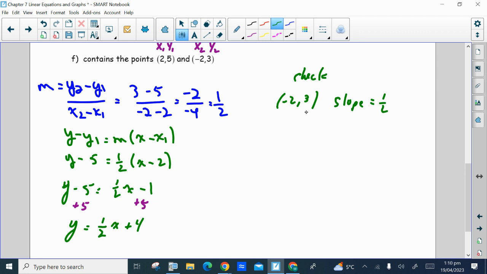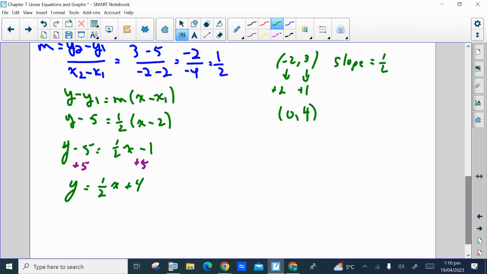So if you rise 1, you're going to add 1 to the y value, which gives you 4. If you're going to run 2, you're going to add 2 to the x value, which gives us 0. That confirms that if you start at one of the points you're given, which is negative 2, 3, and you apply a slope of 1/2, which is rising 1 and running 2, you end up at 0 comma 4, which confirms the y-intercept is at 4, which matches what we have in our equation. Okay?